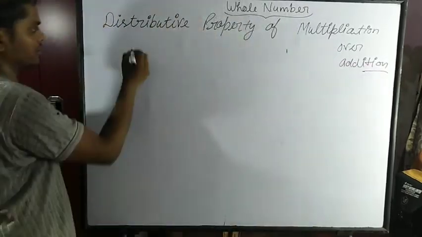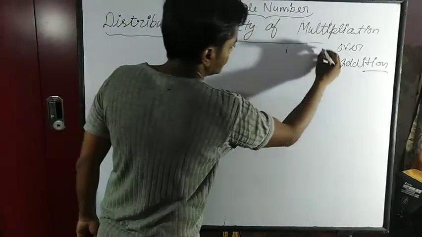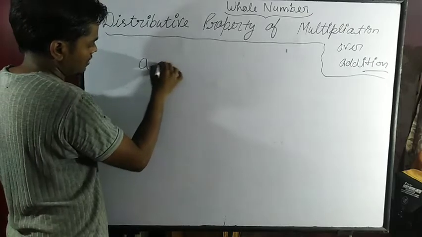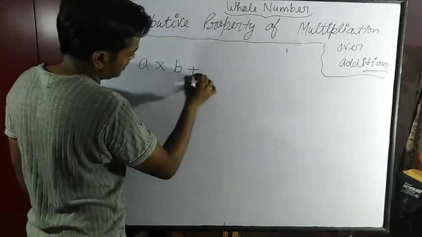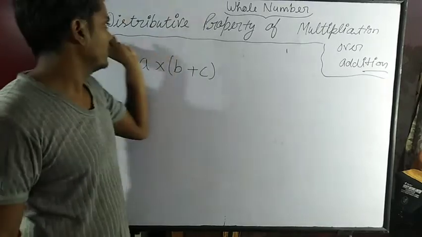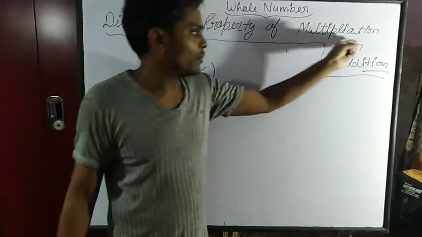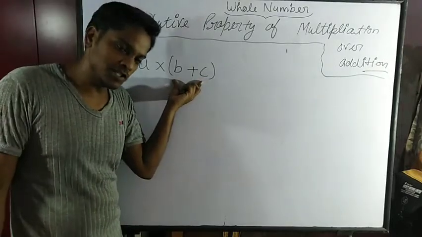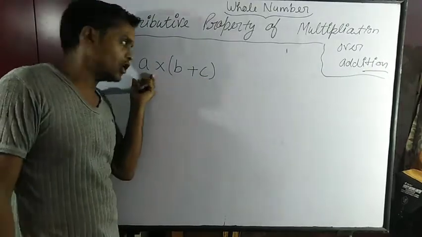What is the meaning of this? See, A multiplied with (B plus C). This is the meaning of the distributive property of multiplication over addition. This one is the addition of B and C, and this is the multiplication of A over the addition.